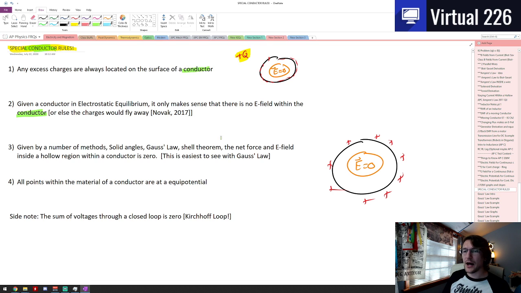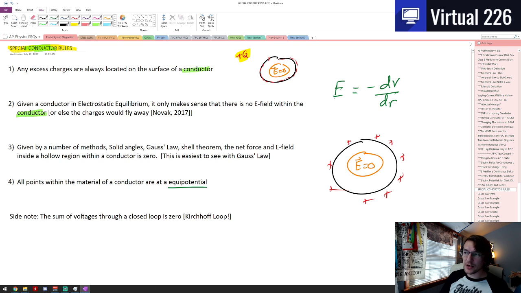Okay? Because of this, all points within the material of a conductor are at an equipotential. The voltage inside a conductor is the same everywhere. And one reason you know that is because an electric field is equal to the negative derivative of the electric potential as a function of radial position.